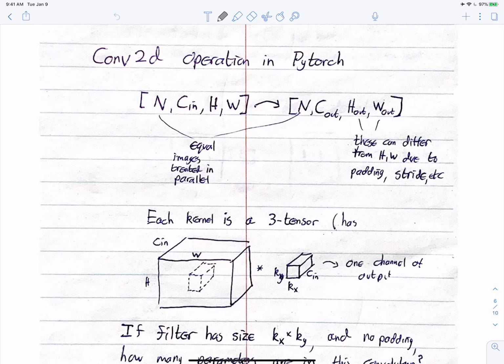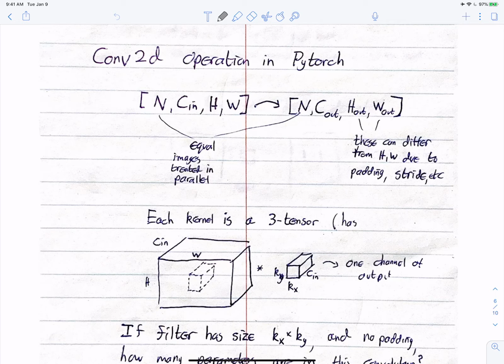The convolution operation gives an output, which is also a 4-tensor. Each image is treated in parallel, so n of the input is n of the output. But in principle, I could have any number of output channels that I would like. And I could also potentially have a different height and a different width due to how I treat the boundaries, what stride I have, etc. Generally, the user-defined parameters for the convolutional operation will be the filter size, the stride, and the boundary conditions that you want.